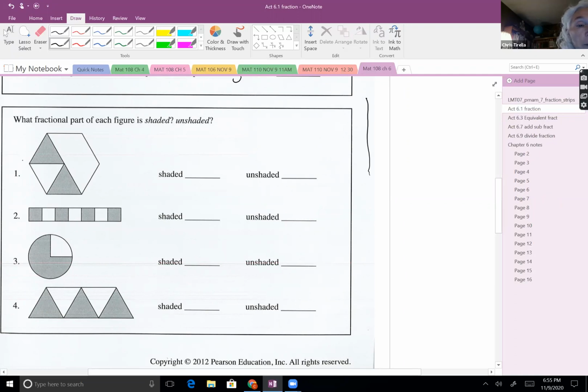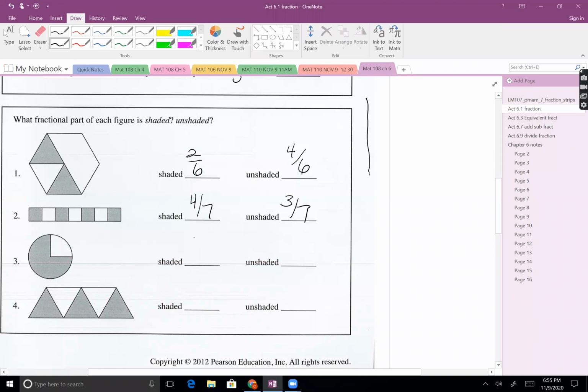And so in number one, what fraction would be shaded? 2/6. Beautiful. And so what's unshaded? 4/6. Beautiful. How about in number two? What do we have shaded? 4/7. So unshaded is 3/7. How about number three?